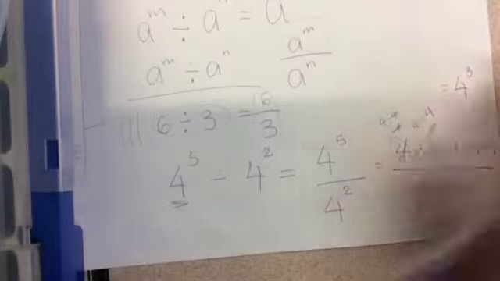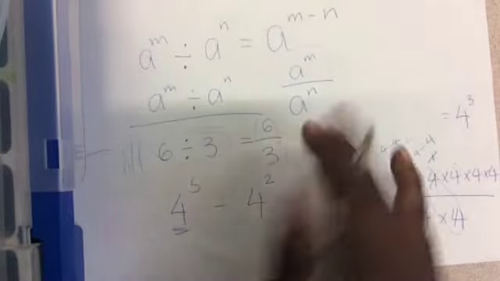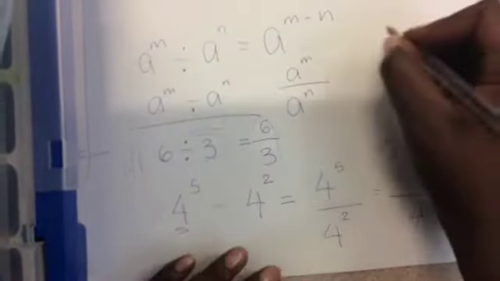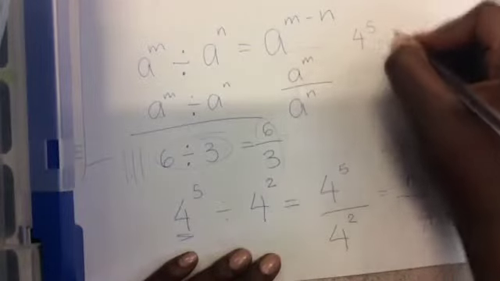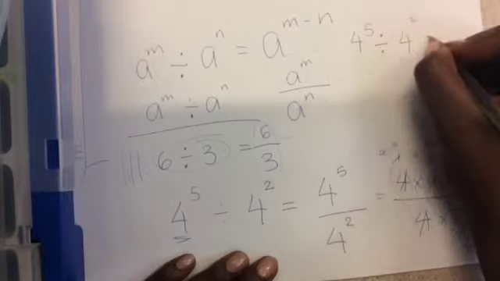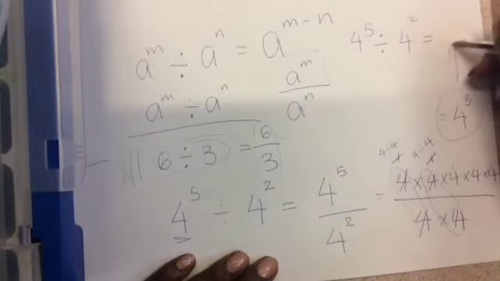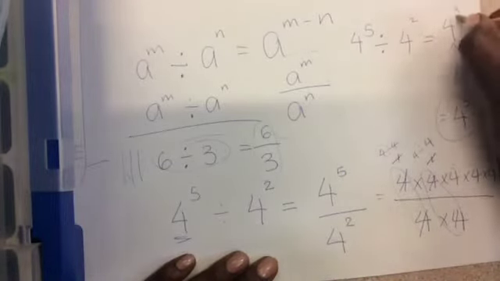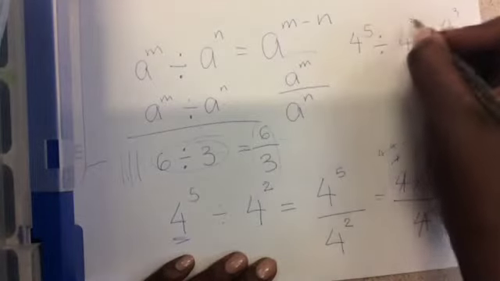And so this is why, if we go back to the original thing, this is why it's taken away. Because 4 to the power of 5 divided by 4 to the power of 2 gave us the final answer of 4 to the power of 3. Thus, we just take it away.